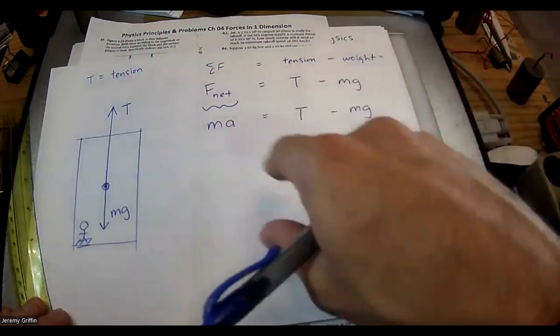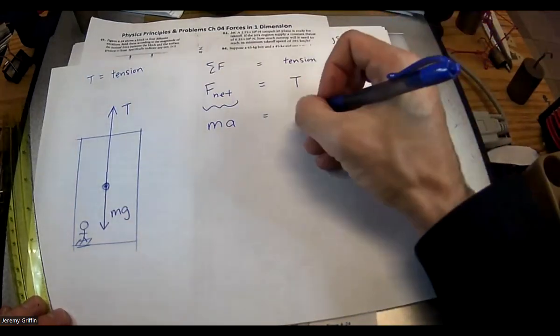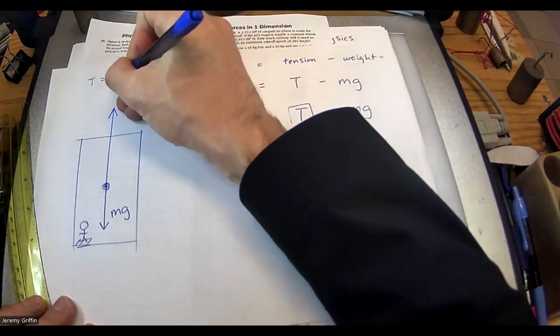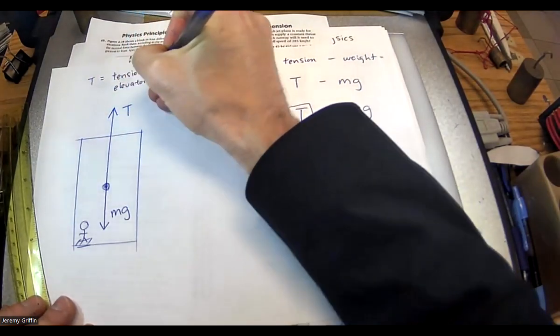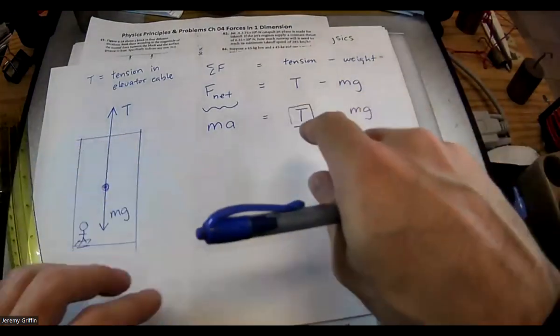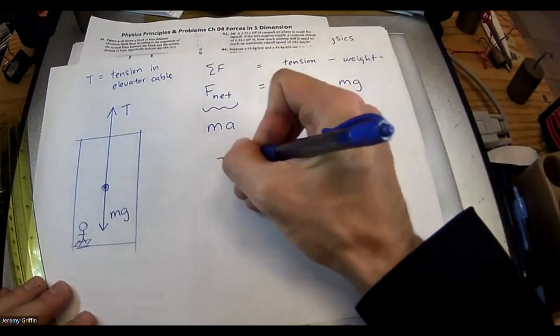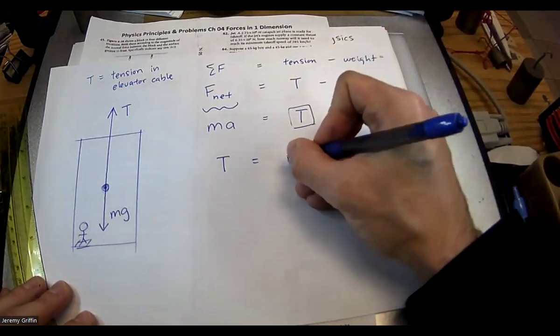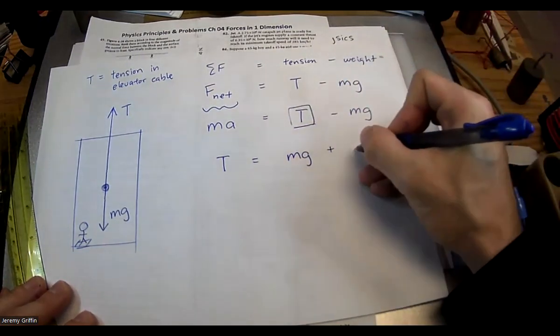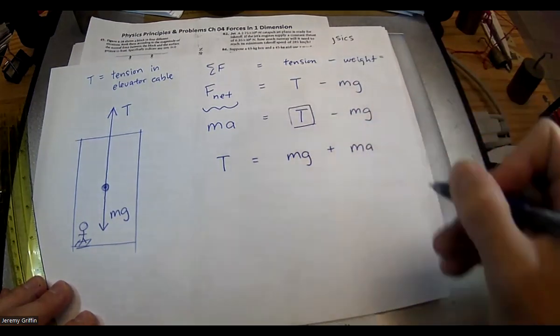Now what I'm going to do is rearrange this and solve for the tension in the elevator cable. I do a little algebra switcheroo and get tension is equal to the usual weight of the elevator plus mass times acceleration of the elevator.